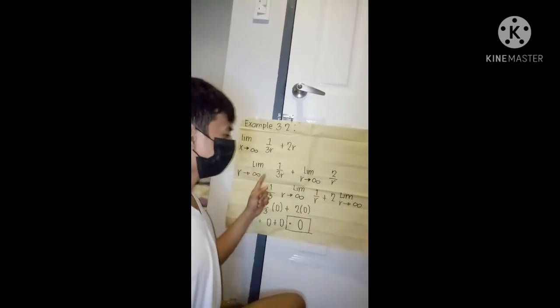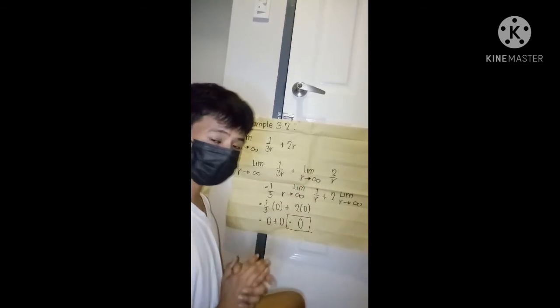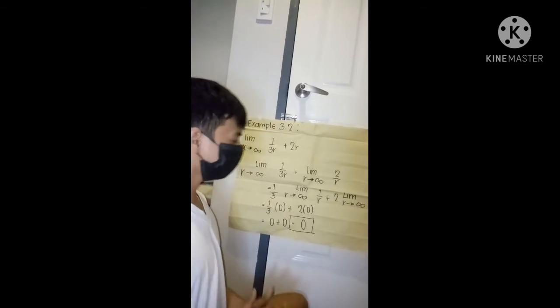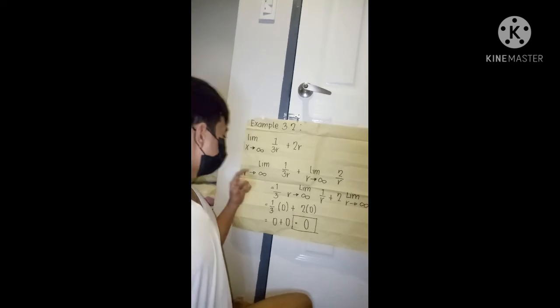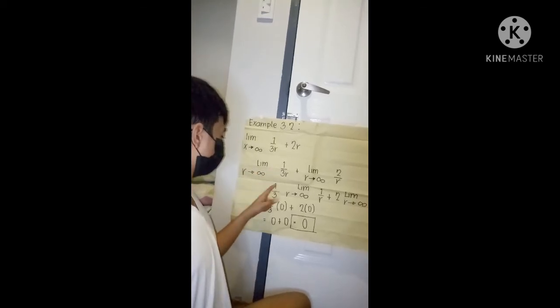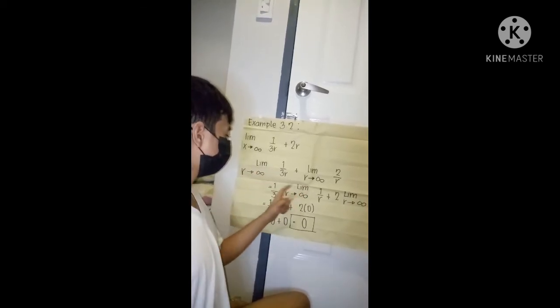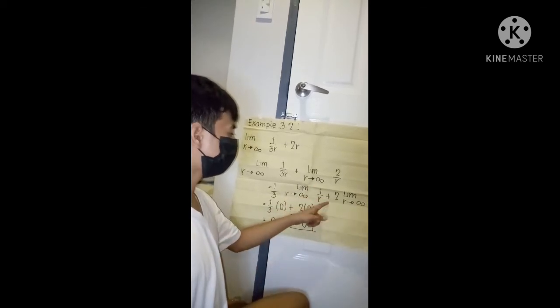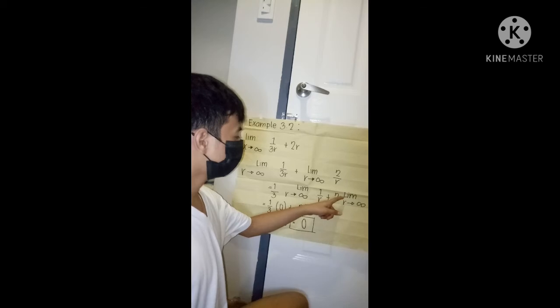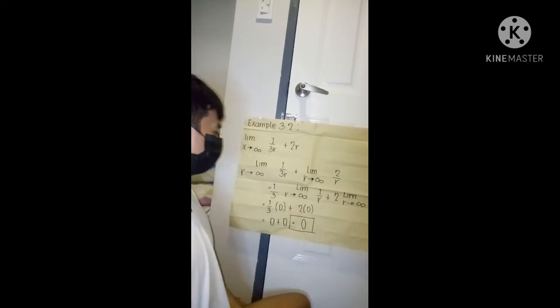Then, after we have used the first law, let's go to the second law, the constant multiple rule. That gives 1 over 3 times the limit of 1 over r as r approaches infinity, plus 2 times the limit of 1 over r as r approaches infinity.